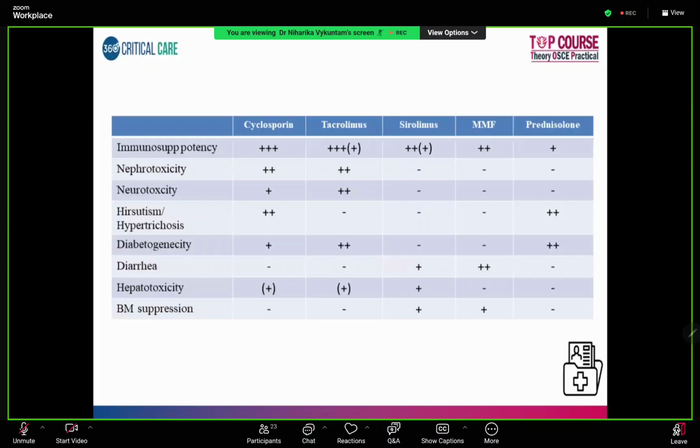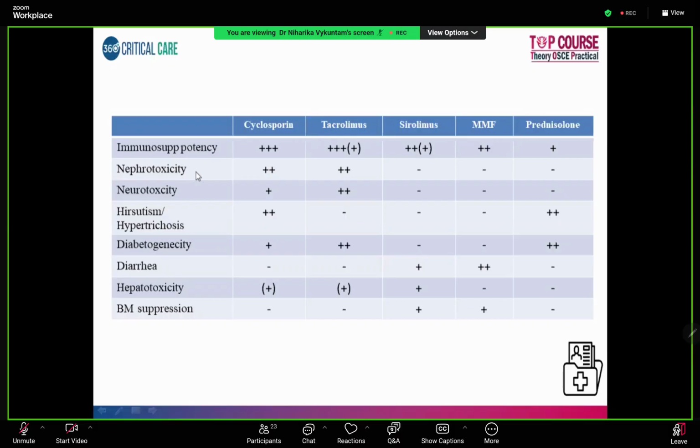This is one small table which tells about the different drugs which we use commonly. Coming to the immunosuppressive effects, the calcineurin inhibitors have a higher degree of immunopotency compared to the other drugs. Nephrotoxicity is more with calcineurin inhibitors. Neurotoxicity also is more with calcineurin inhibitors.